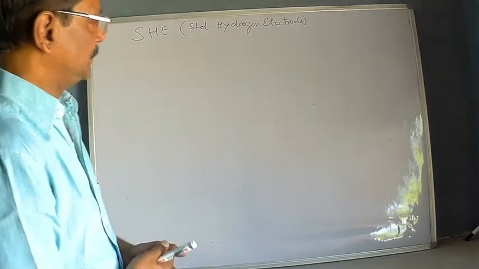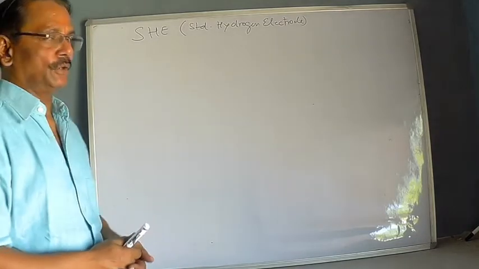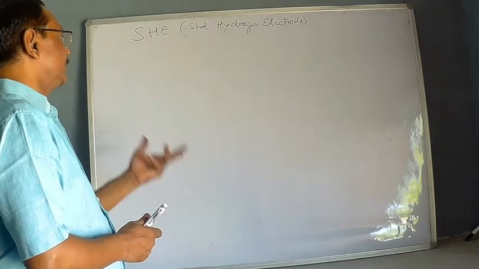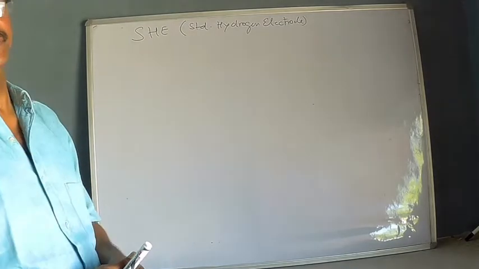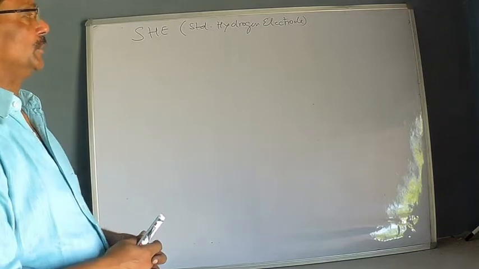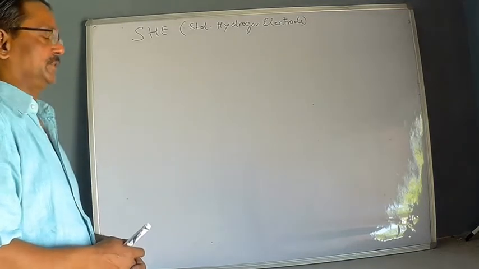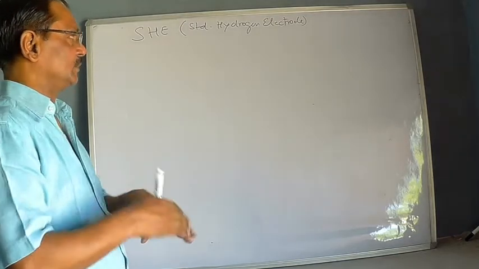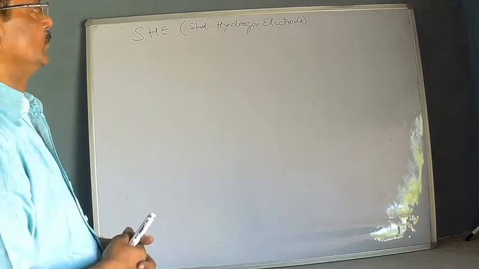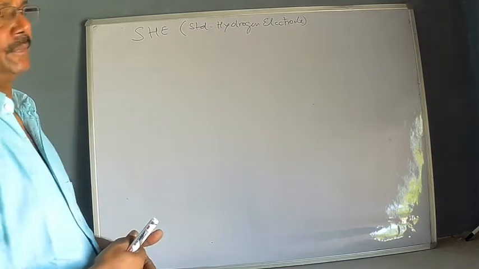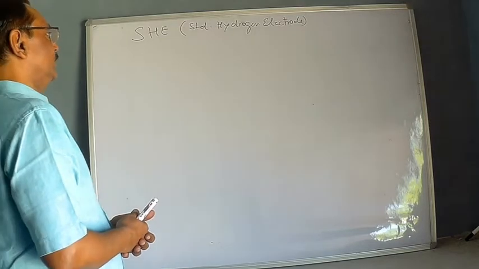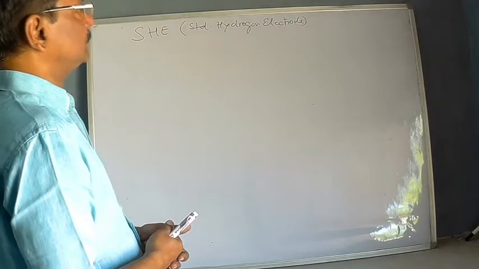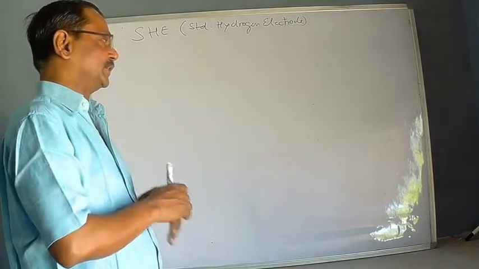Previously we took the Daniell cell reaction, copper rod and zinc rod, but hydrogen being a gas, how can we make an electrode of hydrogen? So class, the concept of adsorption is taken into consideration here. Adsorption is the attachment of a gas on the surface of a metal. You have the chapter surface chemistry, so adsorption will be well understood over there. But for today, we can simply say that platinum foil adsorbs hydrogen on its surface.